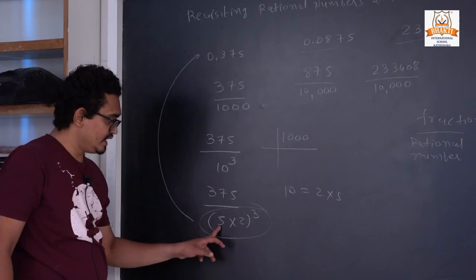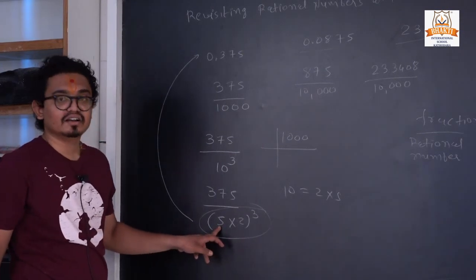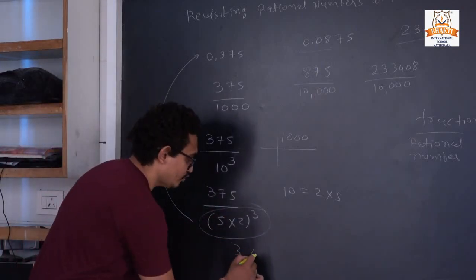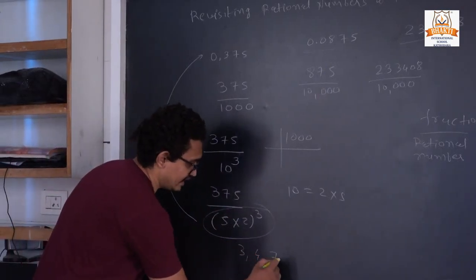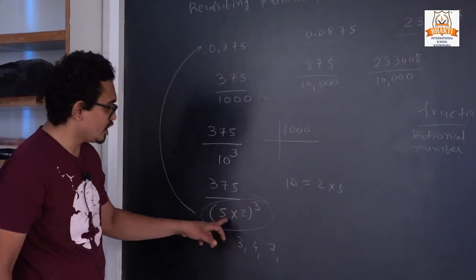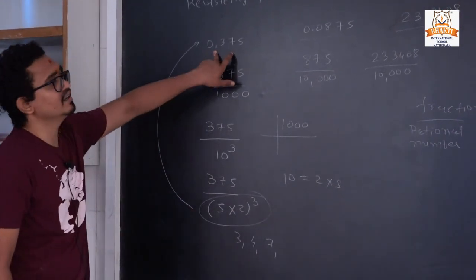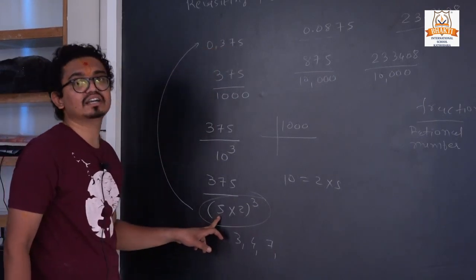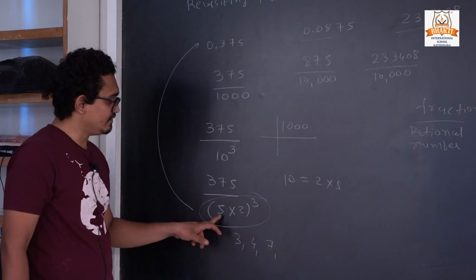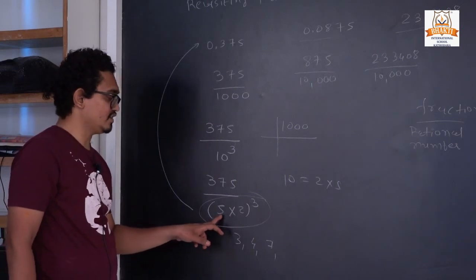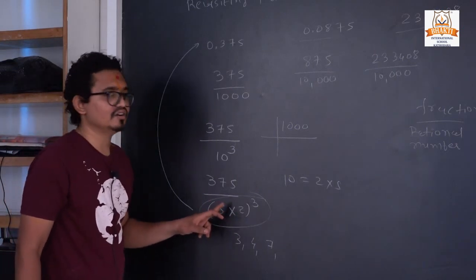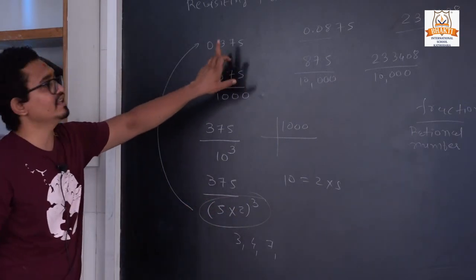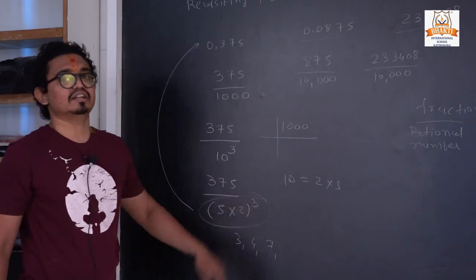But if the denominator has any other number like 3, 4 or 7, we cannot convert that number into decimal form. So we must include that term: if the denominator has the factors 2 and 5 only, then and only then can we convert that number into decimal form. Otherwise we cannot.